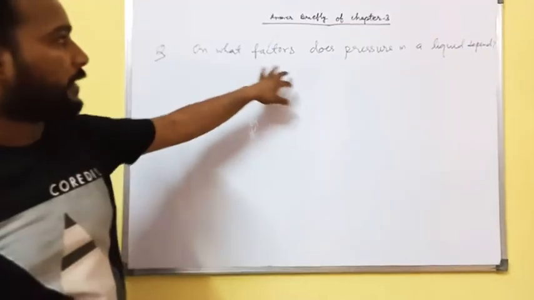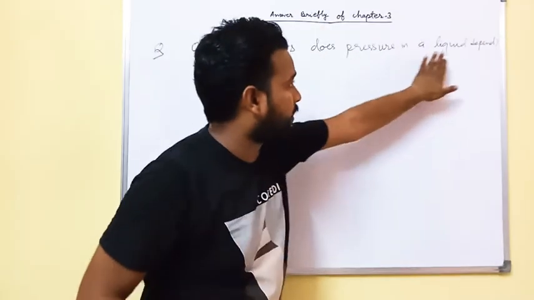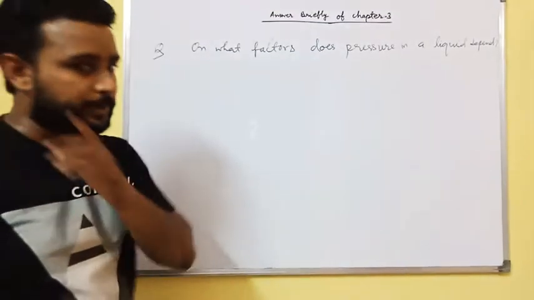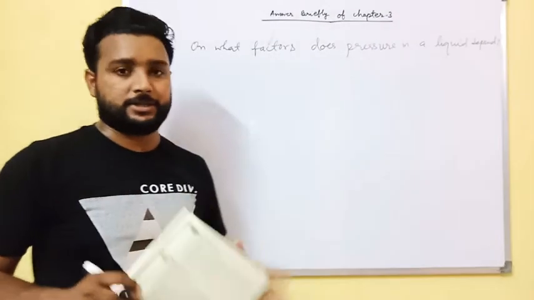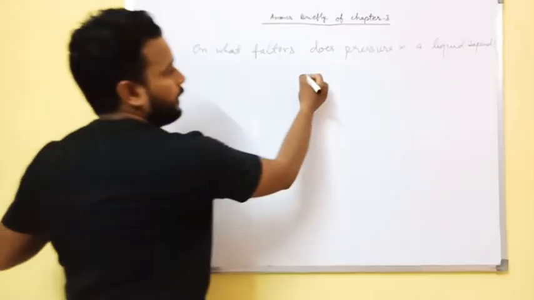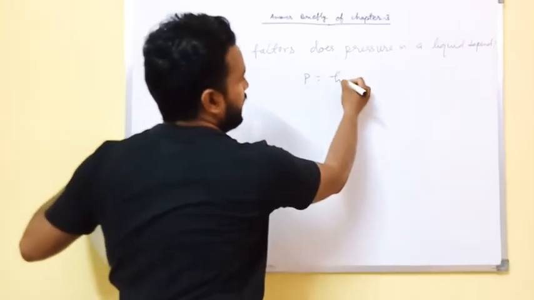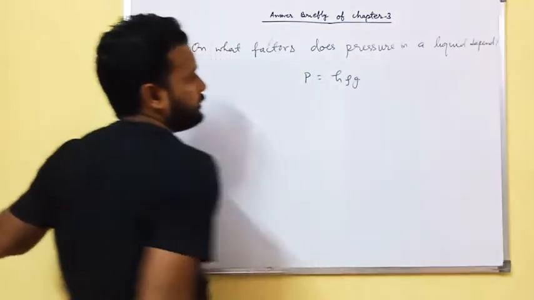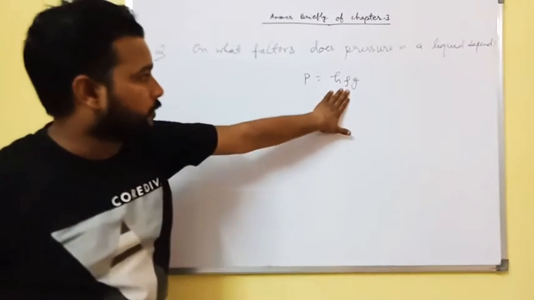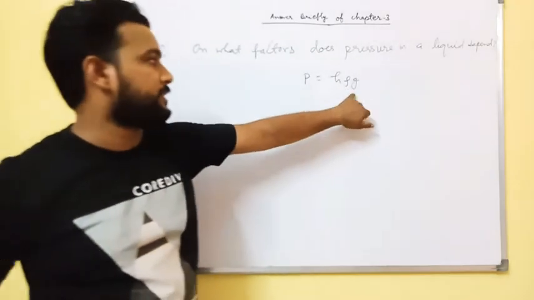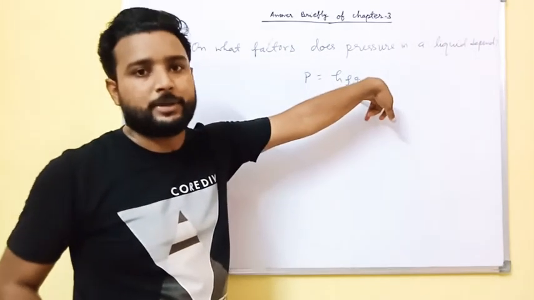Okay. Students, pressure in a liquid depends on the following three factors. Actually, we have the formula for pressure: P equals h rho g. Height of liquid, rho density of liquid, and g the acceleration due to gravity.